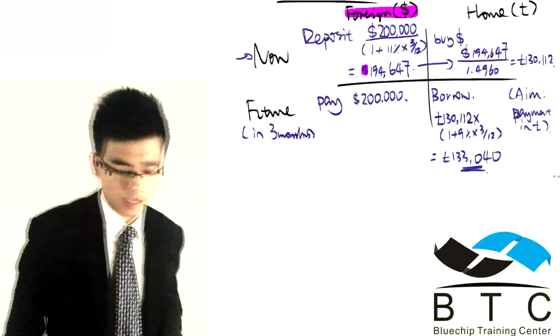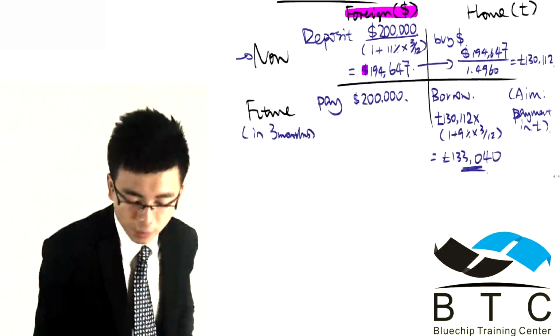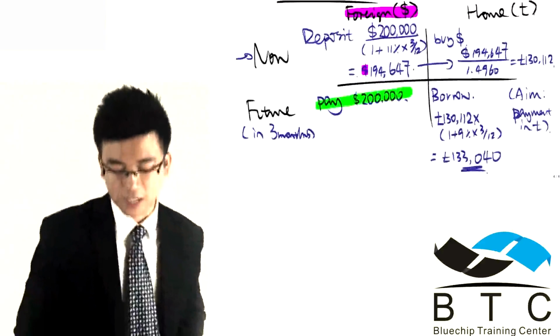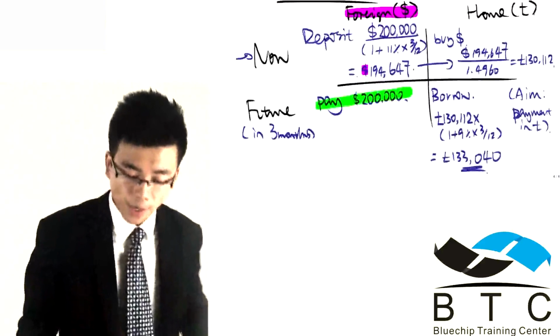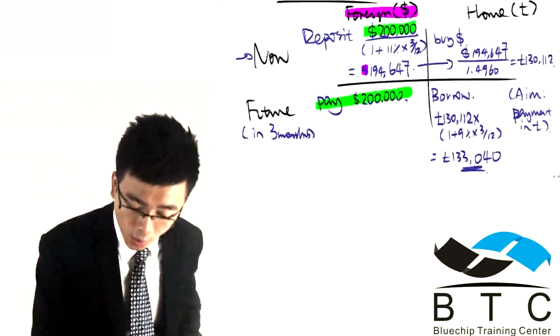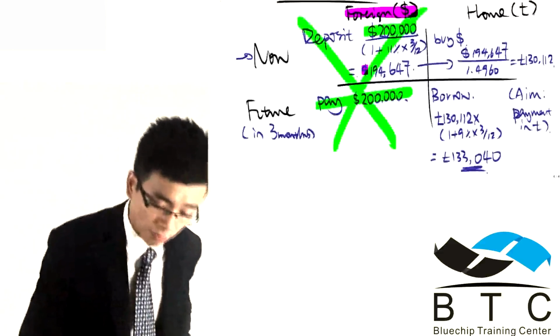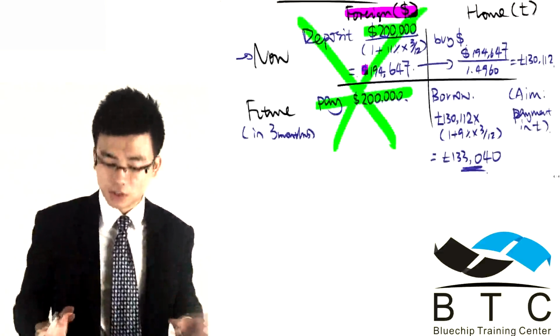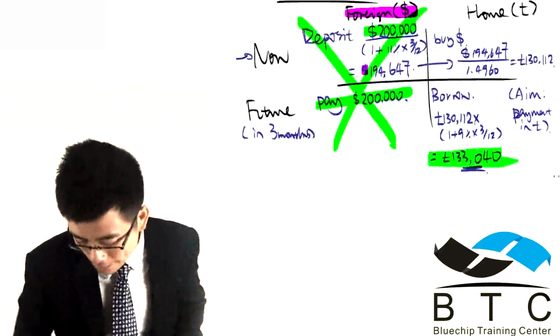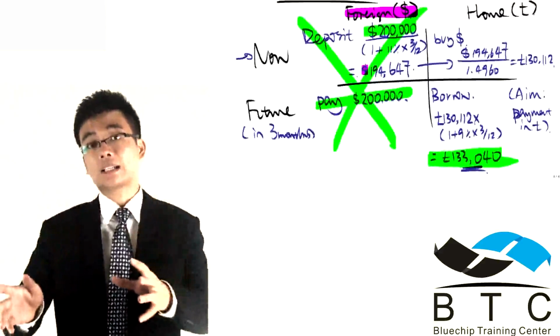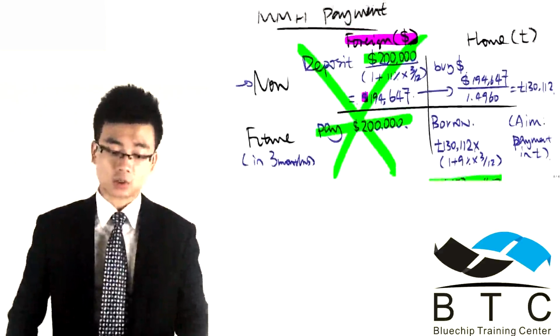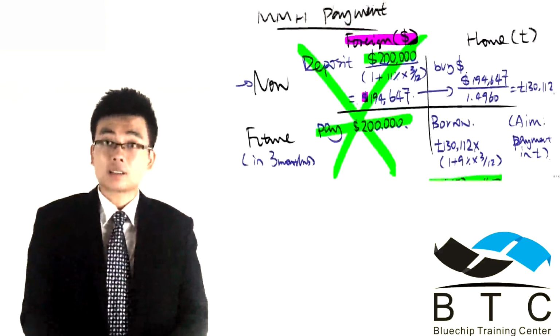What this actually means is, if you're going to pay someone $200,000 at some point in the future, you can use the money you have deposited, grown up to $200,000, to set off against each other. But it leaves you with the amount of money you need to pay back to the bank. That's the reason why we create the MMH payments like this.